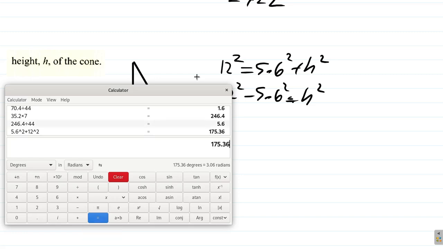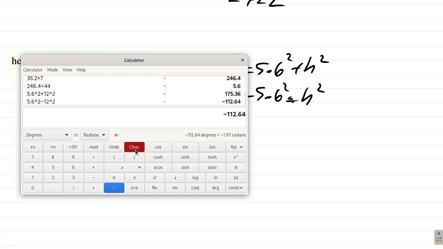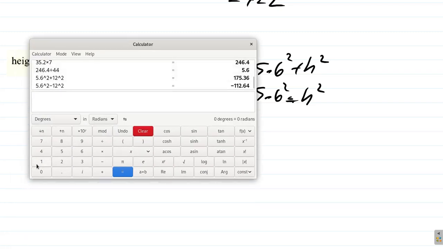I should have put the 5.6 squared in front. Let's do it properly. 12 squared, well, I could have just used 144, but I started there already. 12 squared minus 5.6 to the power of 2 equals 112.64.